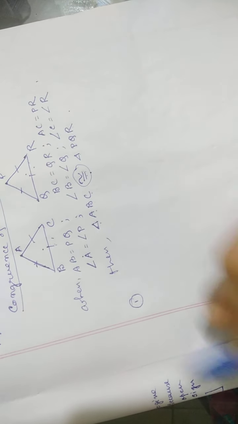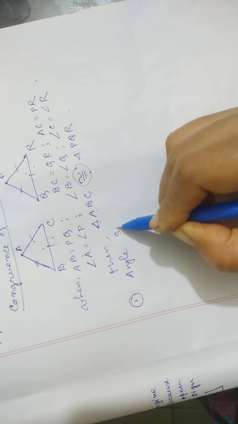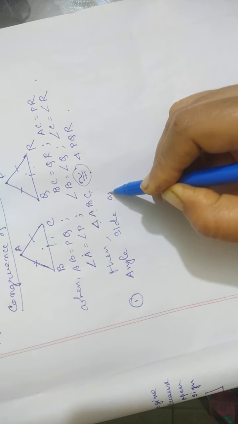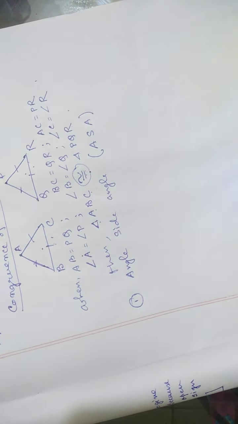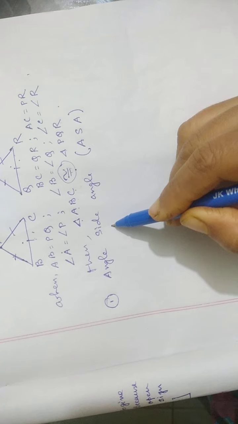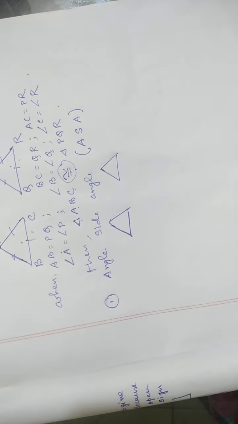Number 1, angle, side, angle. That is ASA criteria. So this criteria will be fulfilled when any two angles and one side are equal to each other. See, this is a triangle, this one is another triangle.